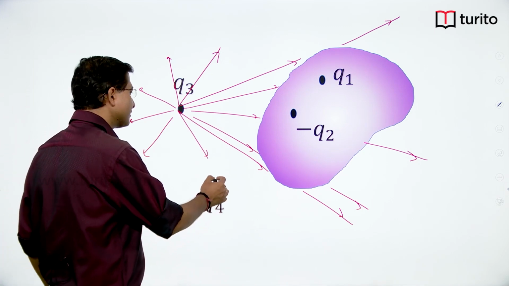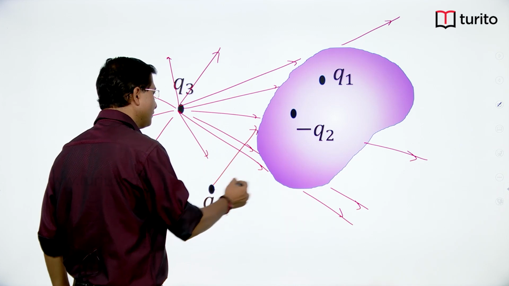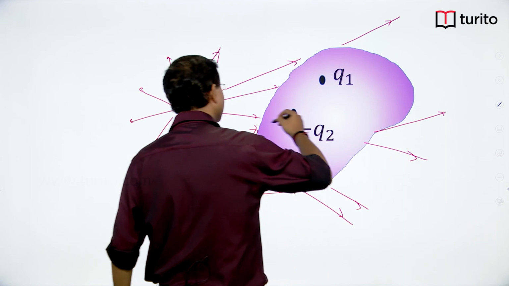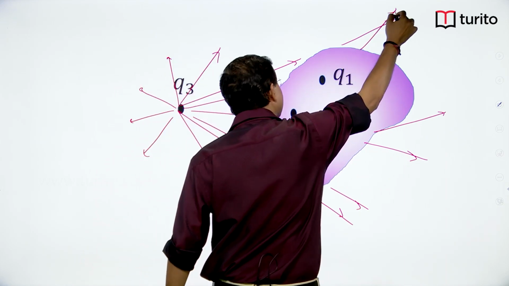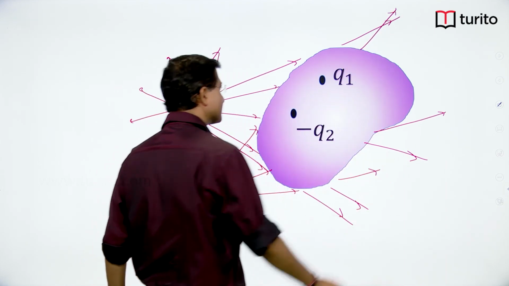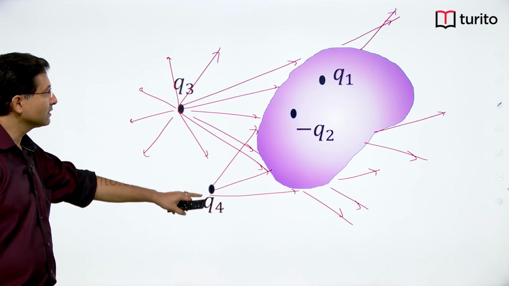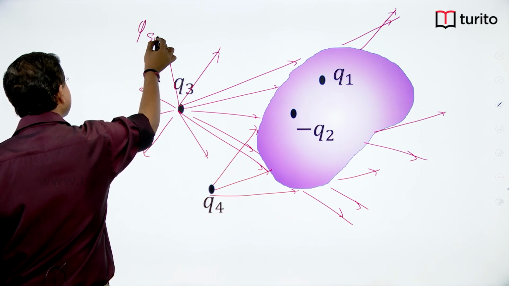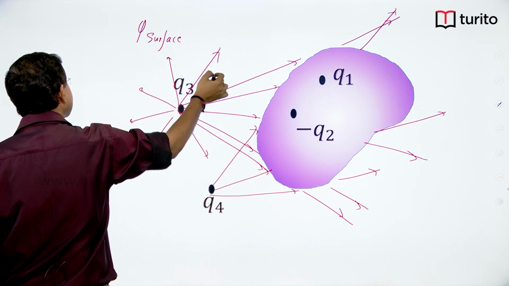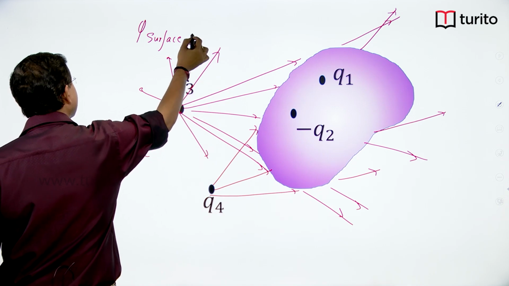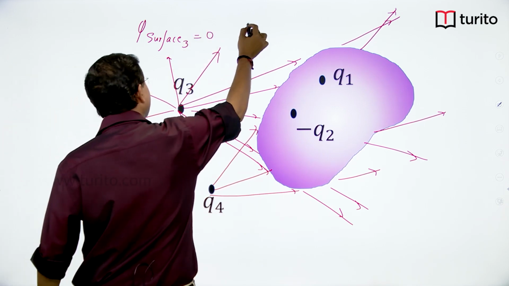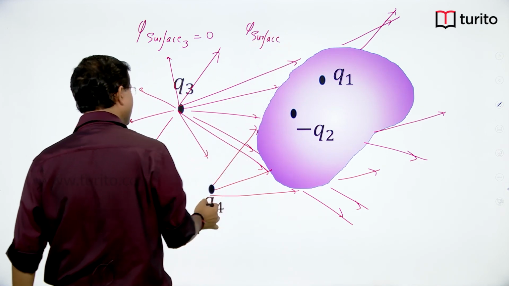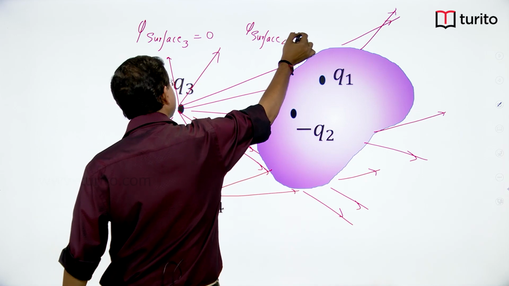Similarly, for the flux associated with this charge, these lines will be entering the surface and they will be leaving like this, and this will be leaving like this. So, if I ask the flux associated through this closed surface due to the third charge, it is 0, and due to the fourth, it is 0.